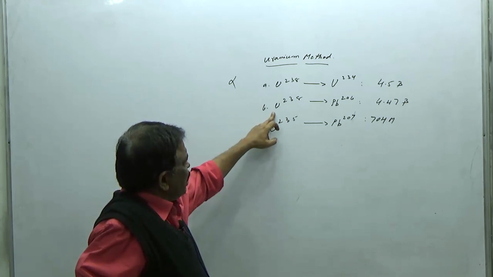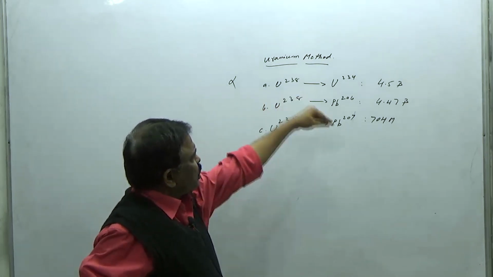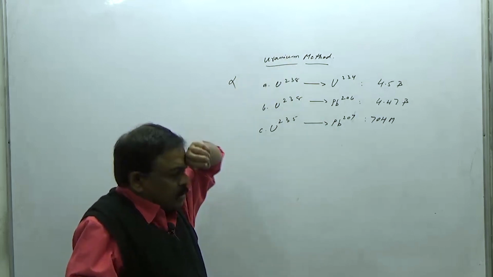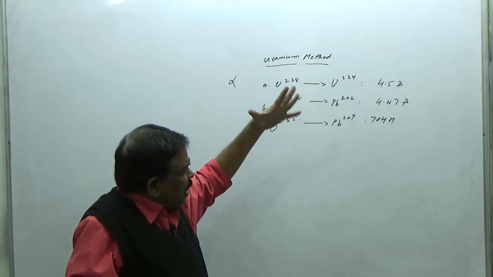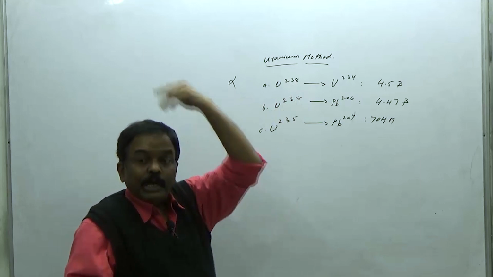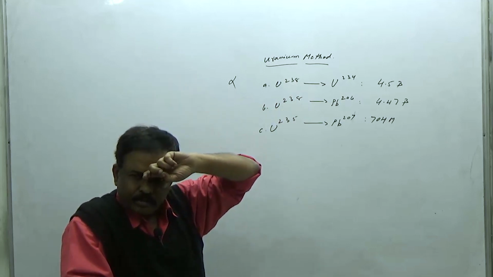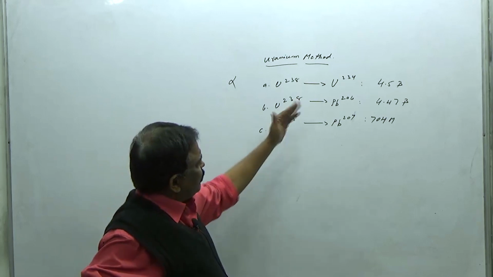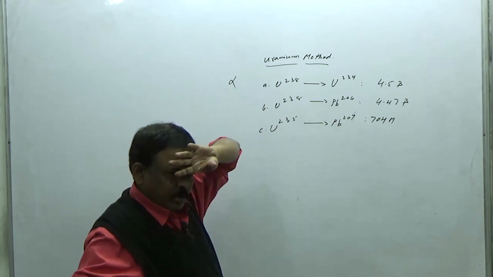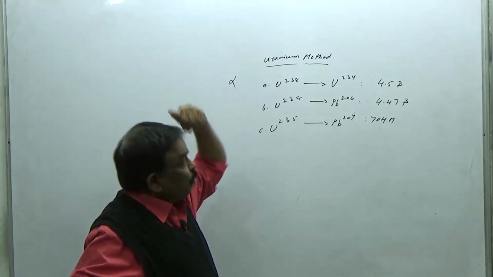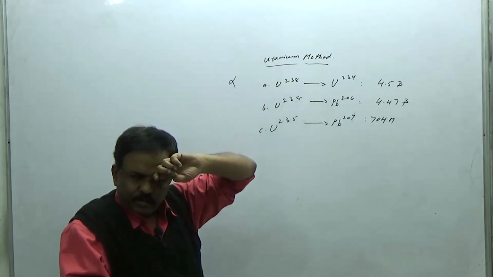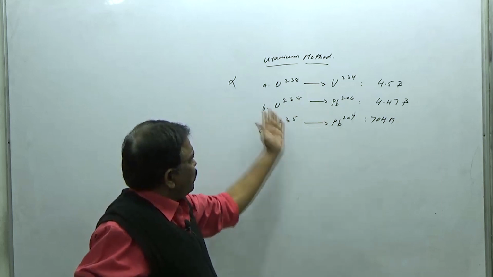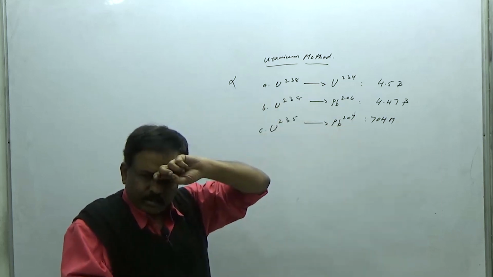Then uranium 238 again converts into lead, Pb 206, with a half-life of 4.47 billion years. Then uranium 235 converts into lead 207, with a half-life of 704 million years. These are the half-lives.